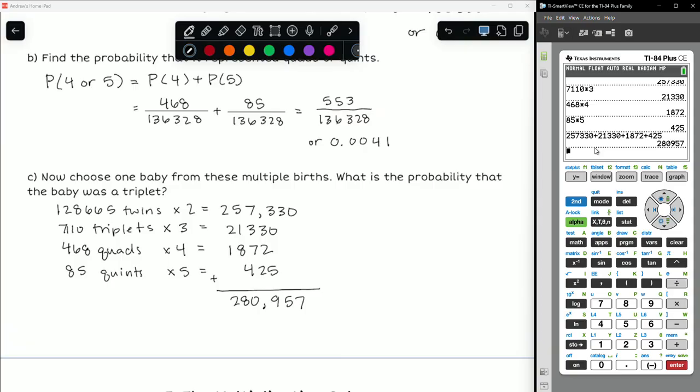I want to know what the likelihood of randomly selecting a triplet baby out of those babies is. So P(baby is triplet). I need the number of triplets divided by the number of babies who were part of a multiple birth.